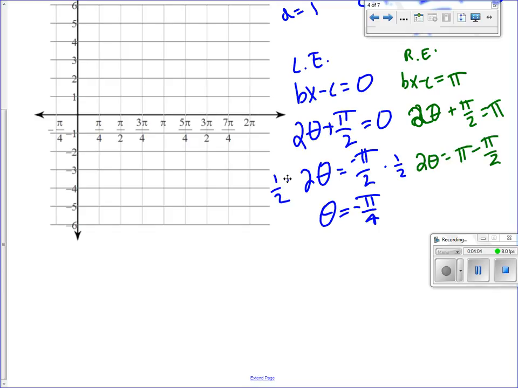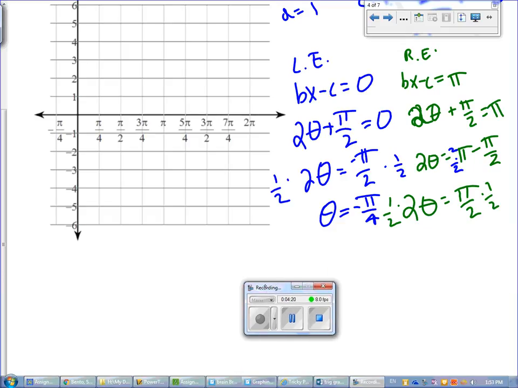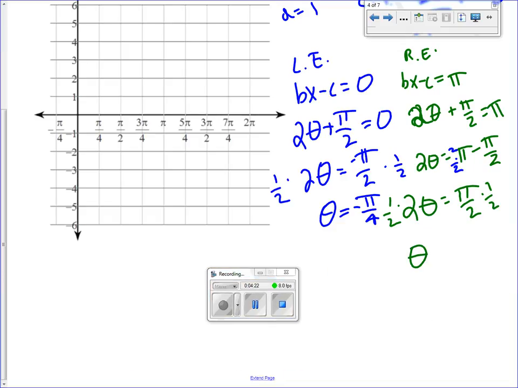Remember, again, if I want to subtract, I really need these fractions to have the same denominator. So it's like 2 pi over 2 minus 1 pi over 2. So just 1 pi over 2. And then same thing, multiply by 1/2. And I get that theta for the right endpoint will be positive pi over 4.